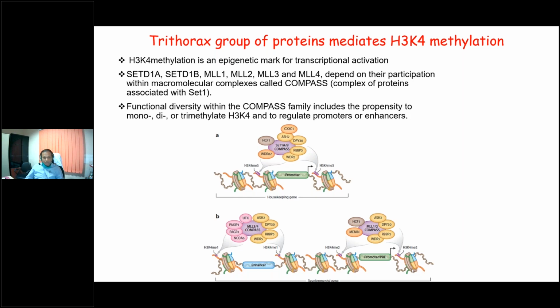And the composition of the complex determines whether H3K4 monomethyl has to be deposited on the histone tail, or H3K4 dimethyl, or H3K4 trimethyl. It all depends on the composition of the protein complex.